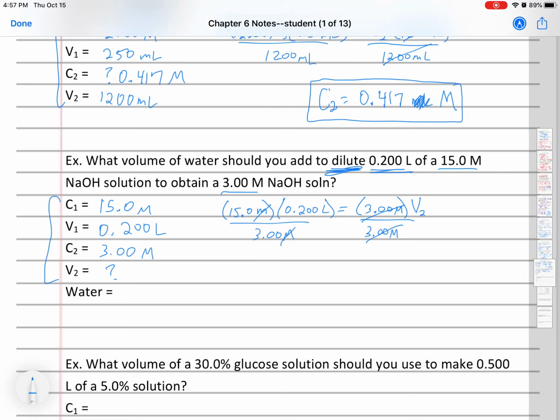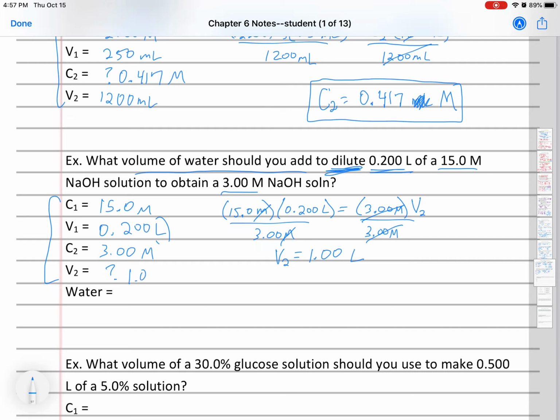So our final volume equals 1 exactly. I want it to be 3 sig figs though, 1.00 liters. My units now of volume is liters. But it doesn't ask you what is the final volume of the solution. It says what volume of water should you add.